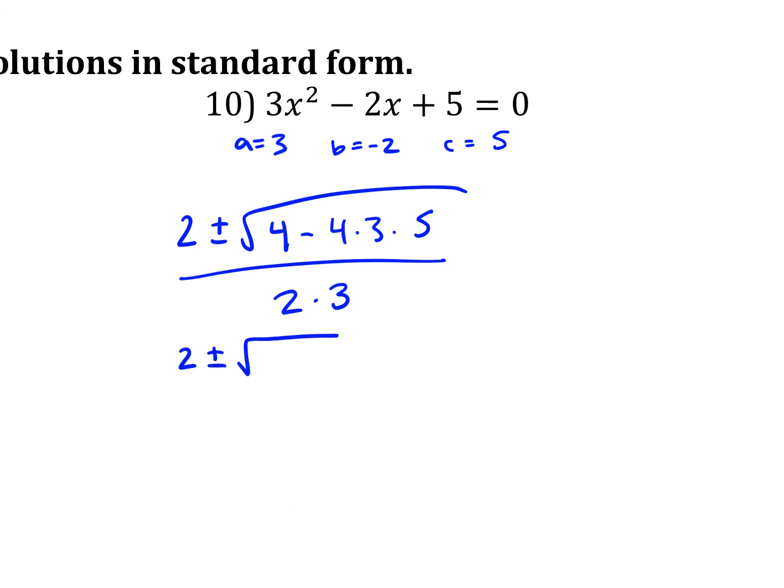Let's simplify this a bit. 4 times 3 times 5 would be 60, negative 60. So what's 4 minus 60? Negative 56. Negative 56 over 6.